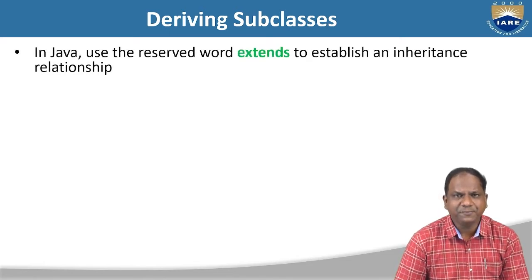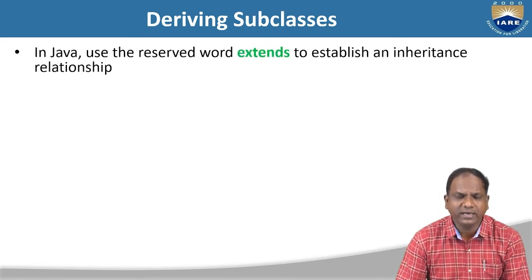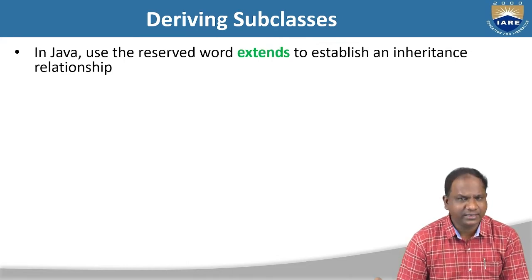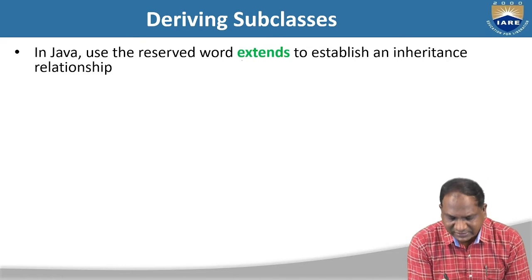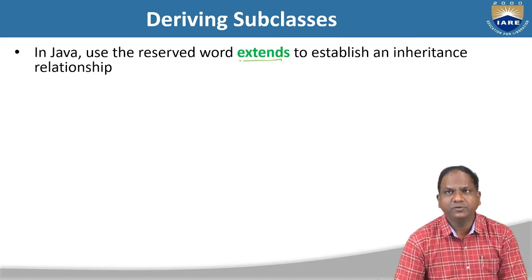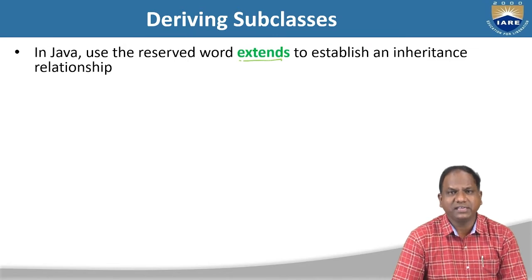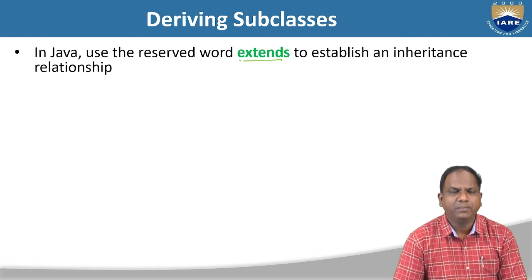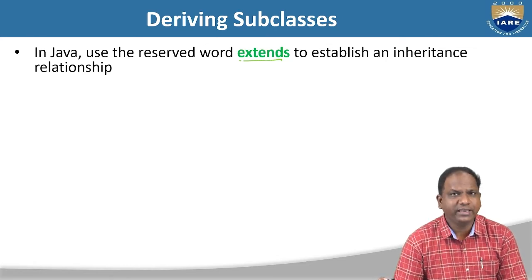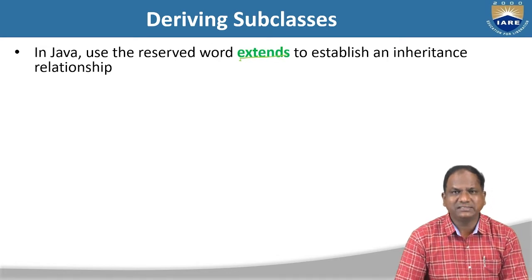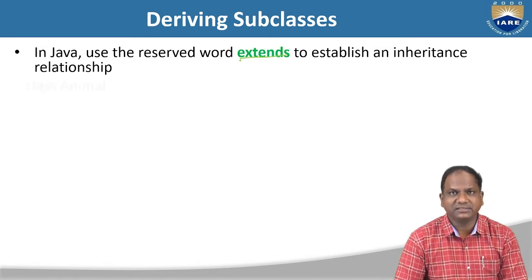Here in Java, when you create a new class using an existing class, there is a reserved word called extends. So extends is a keyword used to establish an inheritance relationship. I want to establish a parent and child relationship between the two classes, and the vital role is played by the reserved word extends.